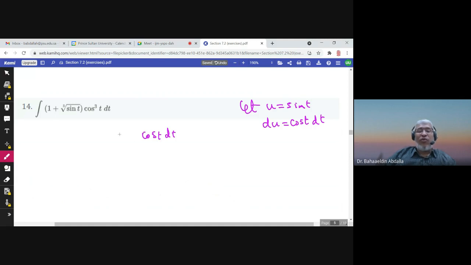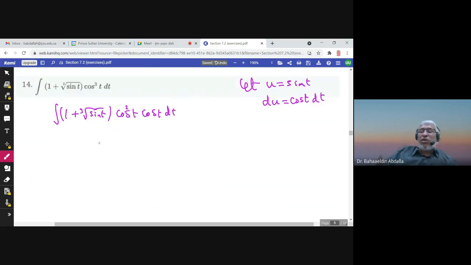So if I take one of them, I still have cosine square. And I also have 1 plus cube root of sine t inside the integral. So u is sine, so I have no problem with sine, but cosine, I don't need it. So I change it to sine.